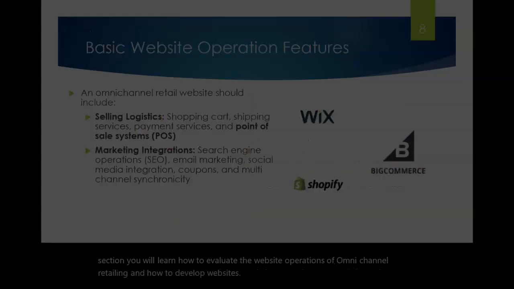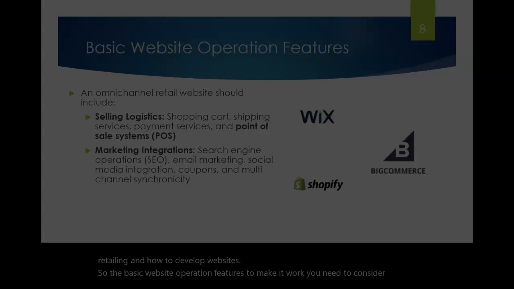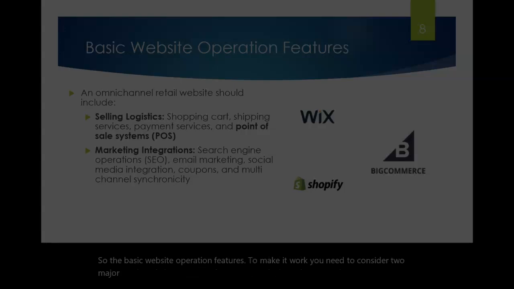For the basic website operation features, to make it work, you need to consider 2 major functions. First is the selling logistics. The website needs to have a shopping cart, shipping service, payment service, and a point of sale system so that you can collect money, right?